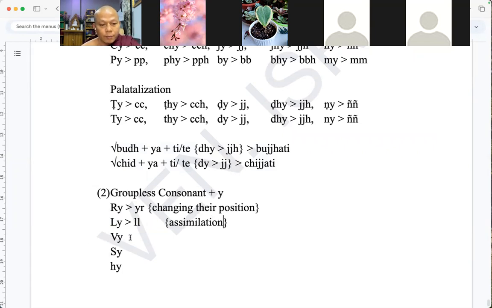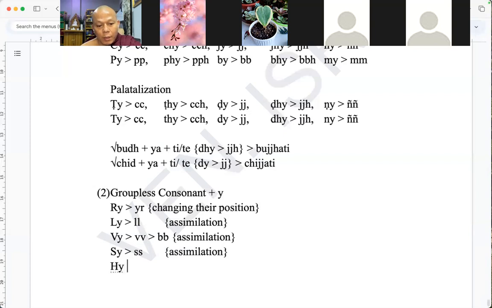And then waya. Waya is also actually two steps of assimilation, waya, then wawa becomes baba. Here also assimilation. And then saya is also actually sasa, that one is also assimilation, the same as the group consonant.